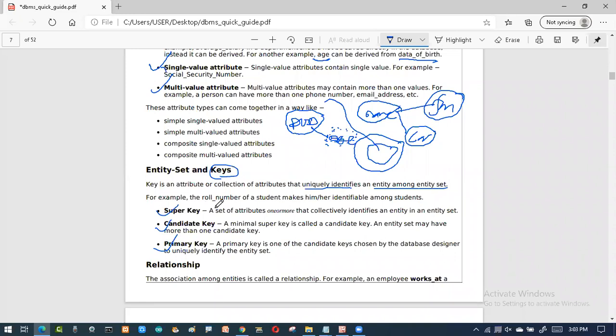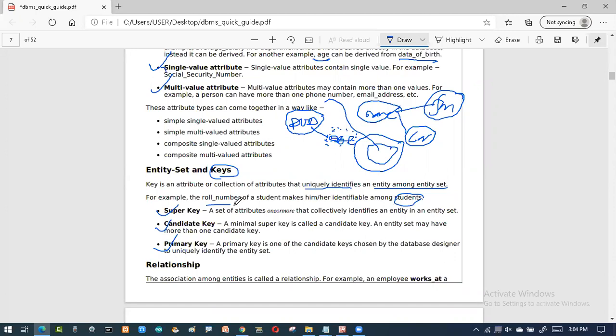Before going to the super key, we'll take the example of a roll number. The roll number of the student makes him or her identifiable among the students. Student is an entity, so how do I identify the person? By roll number.